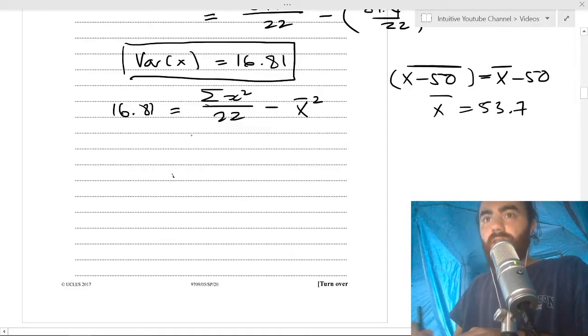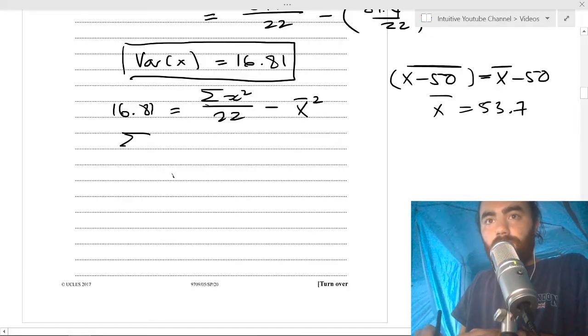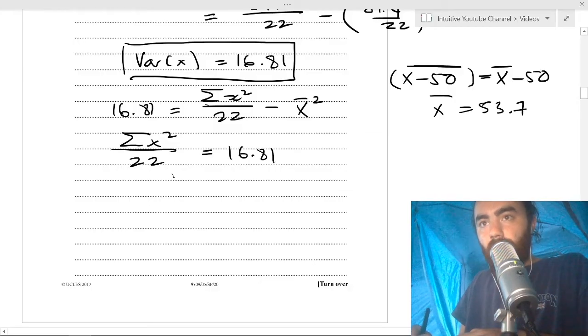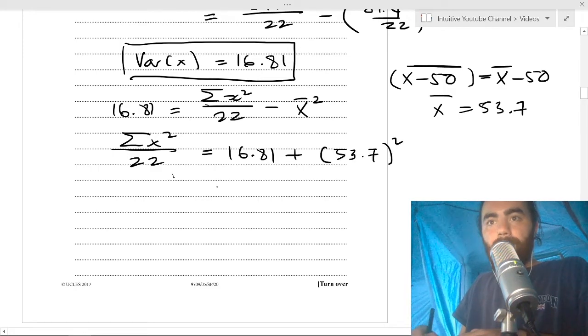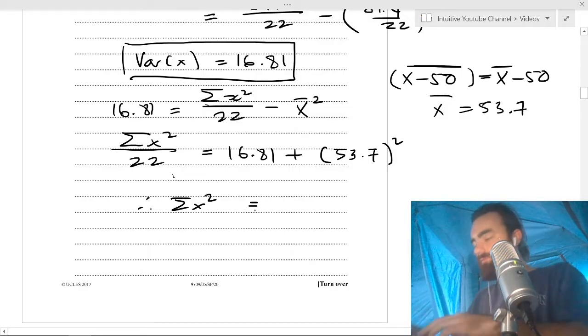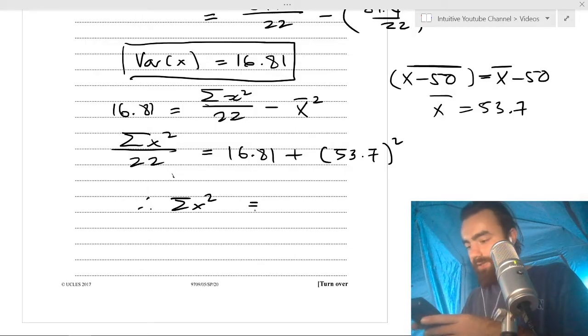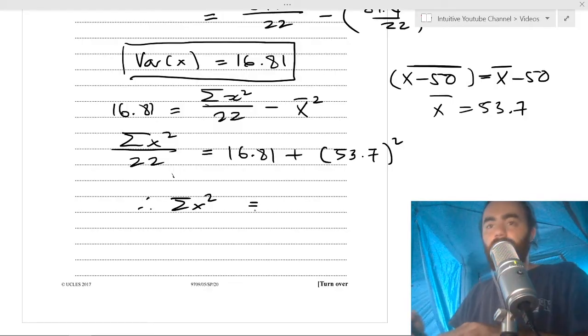Now we can substitute this in and find this value here. So the sum of x squared over 22 equals 16.81 plus this squared. When we plug all this into our calculator, 53.7 squared plus 16.81, times 22, is 63,811.